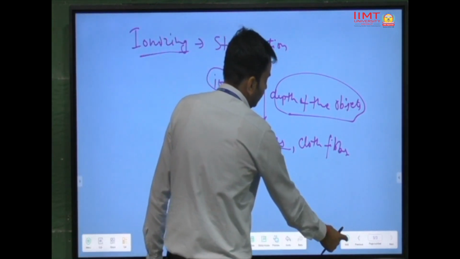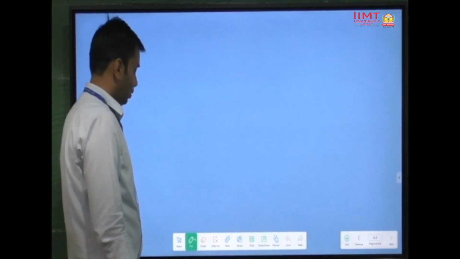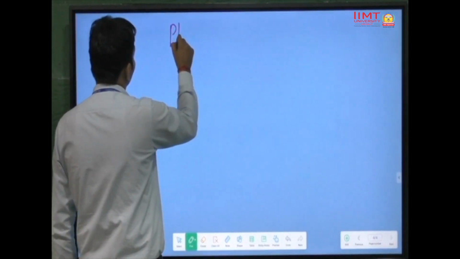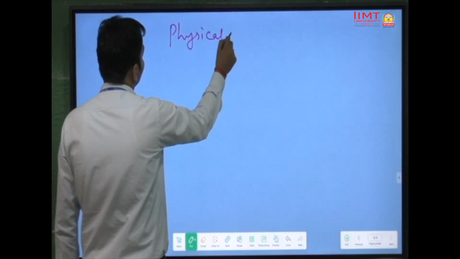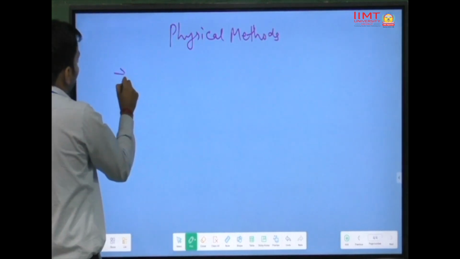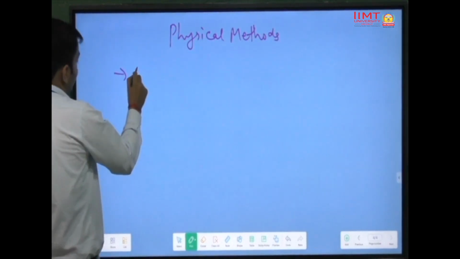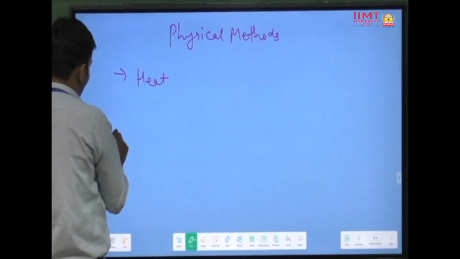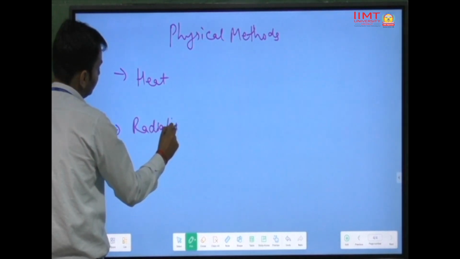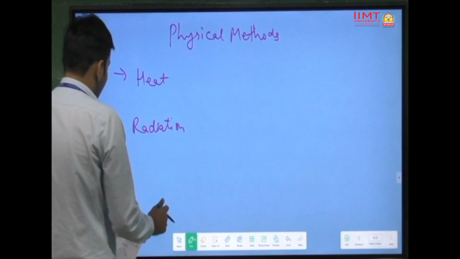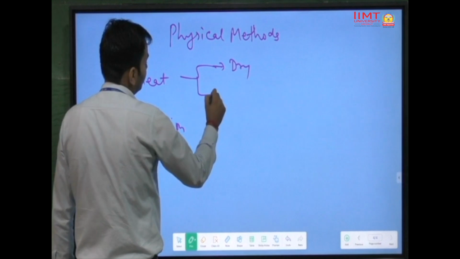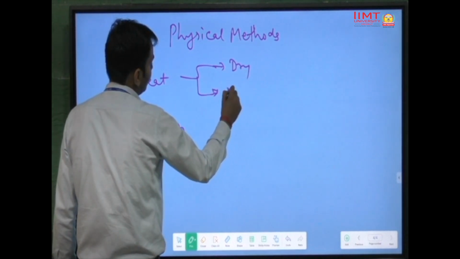So till here we have discussed the control of microbes by physical methods, and in physical methods we discussed the first one, which is heat, and the second one, which is radiation. Heat we divided into two types: one is dry heat and the second one is moist heat.